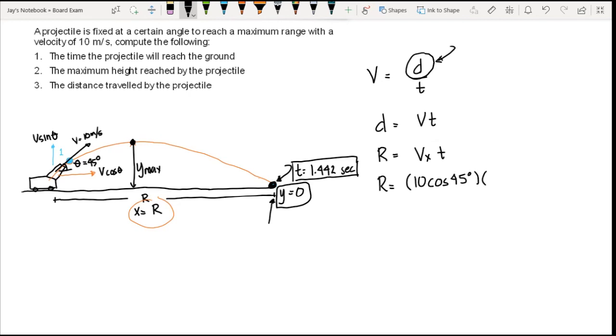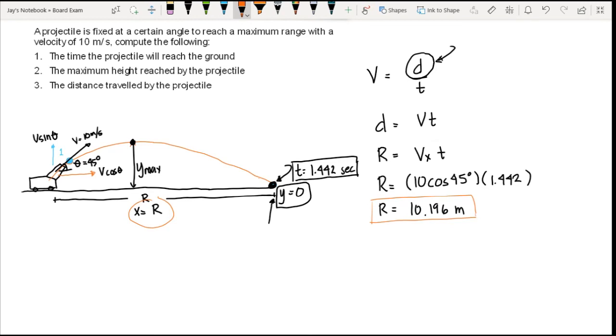The time here is 1.442 seconds. So therefore, the range is equal to 10.196 meters. So this is now the answer for question number 3.